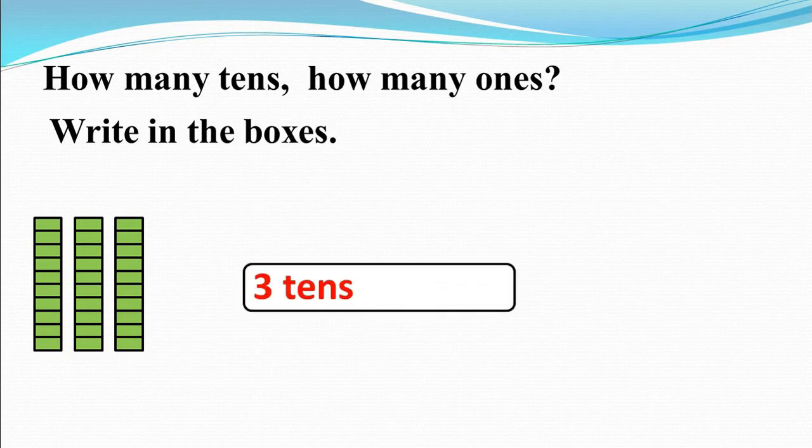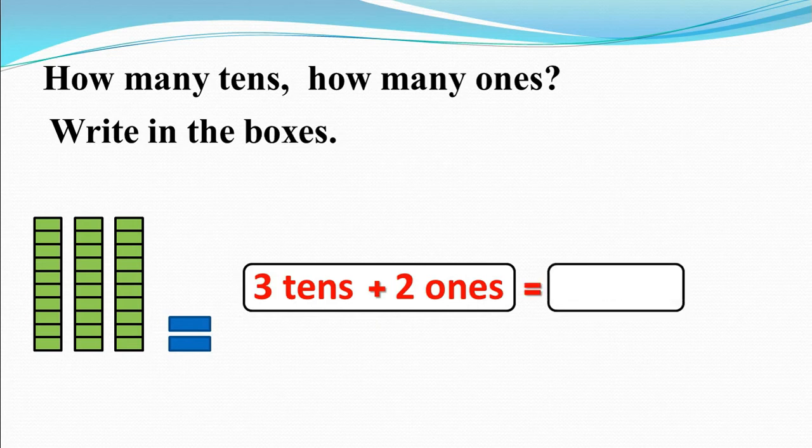Then there are 1, 2 ones. 3 tens means 30 and 2 ones means 2. Now add them. 30 plus 2 equals 32.